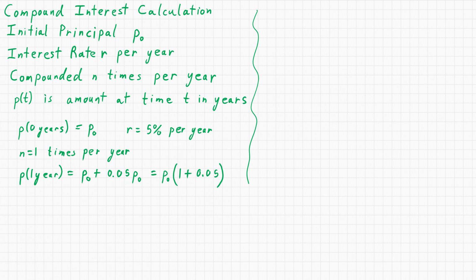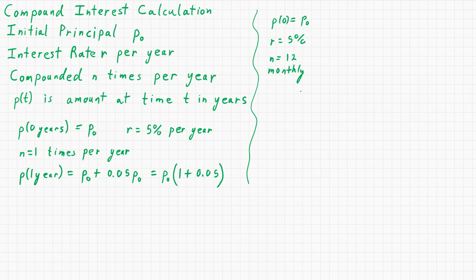So what that's going to mean is, again, let's say P of 0 is equal to P naught. We're going to have an interest rate again of R equals 5% per year. And then we're going to have n equal to 12, meaning we're compounding monthly. All right.